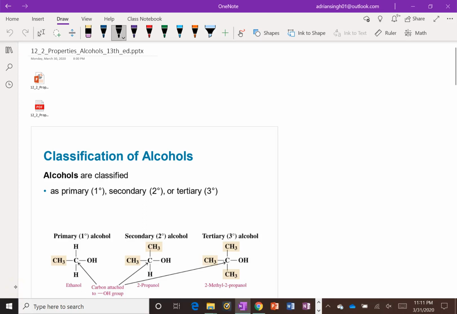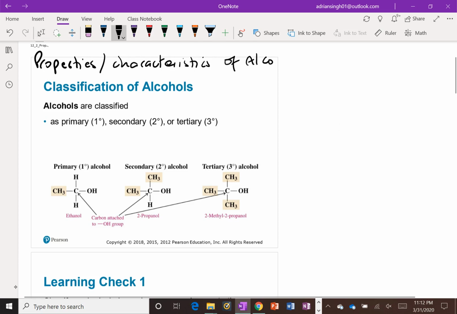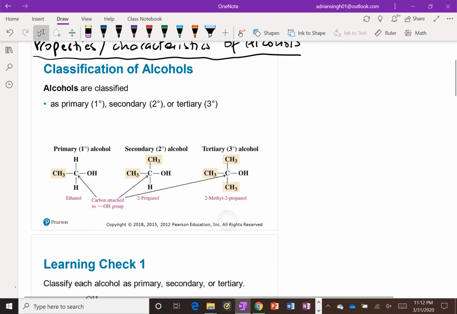All right, so we're going to take a look now at some of the properties or the characteristics of alcohols. And in order to take a look at some of these properties, the first thing that we're going to have to do is to classify what type of alcohol we're going to be looking at.